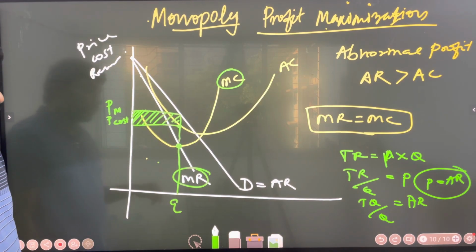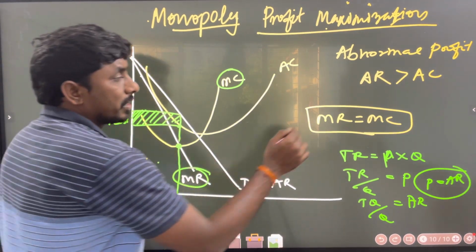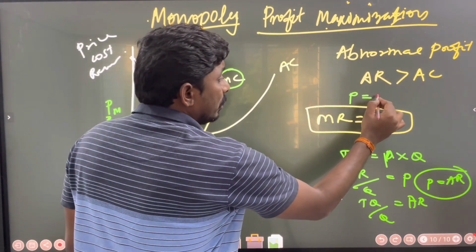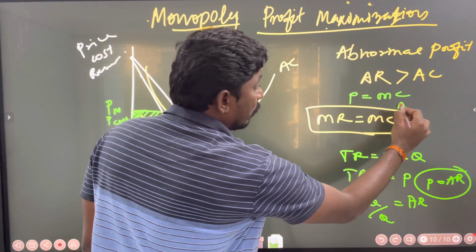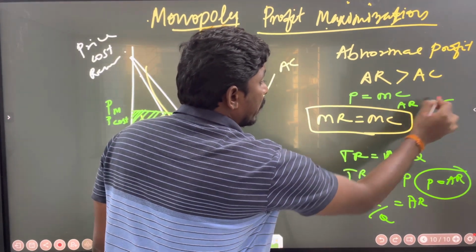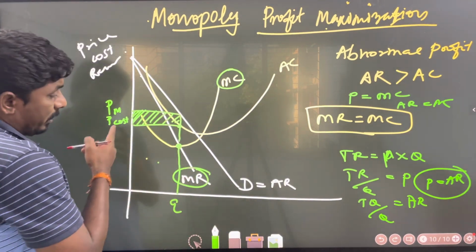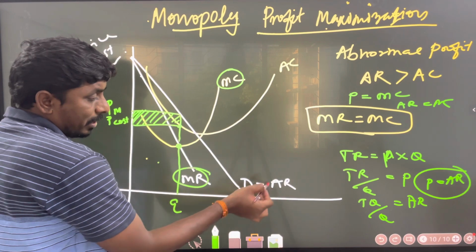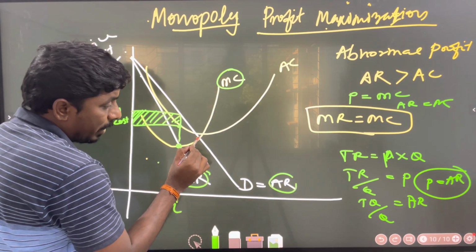Another question will come. We have already discussed that allocative efficiency takes place where price equals MC, or price equals AR equals MC. This is the rule for allocative efficiency. Here the AR curve and MC curve are both intersecting at this point.